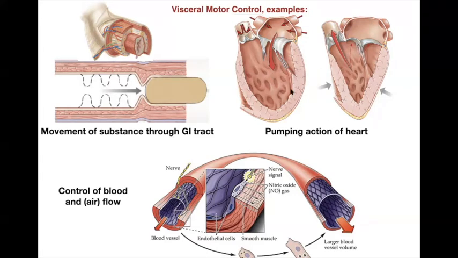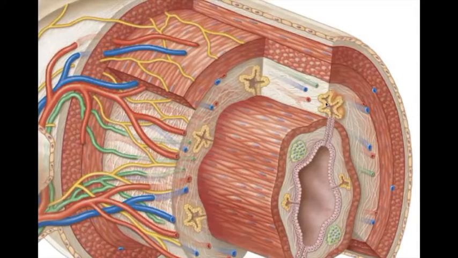Even though this is auto-rhythmic, that is, it would do this even if you took it out of the body and put it in a dish, we also have control to change the normal pace of that. So that's visceral motor, the things you want to think of. And glands, glandular secretions.